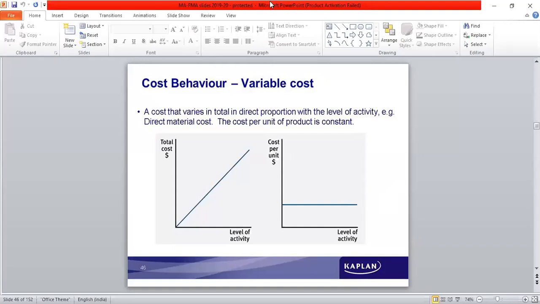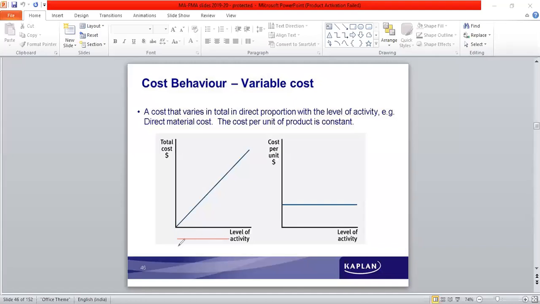As the activity increases, as the number of units keep increasing, we see that the cost increases proportionately. Before we move to the fixed cost, see the cost, this is the total cost.